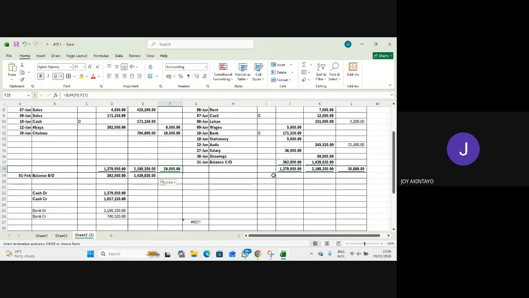Then we use it to reduce our payables account if it's discount received. If it's discount allowed, we use it to reduce our receivables account. Do you understand? When we get to control accounts, we will understand this better.